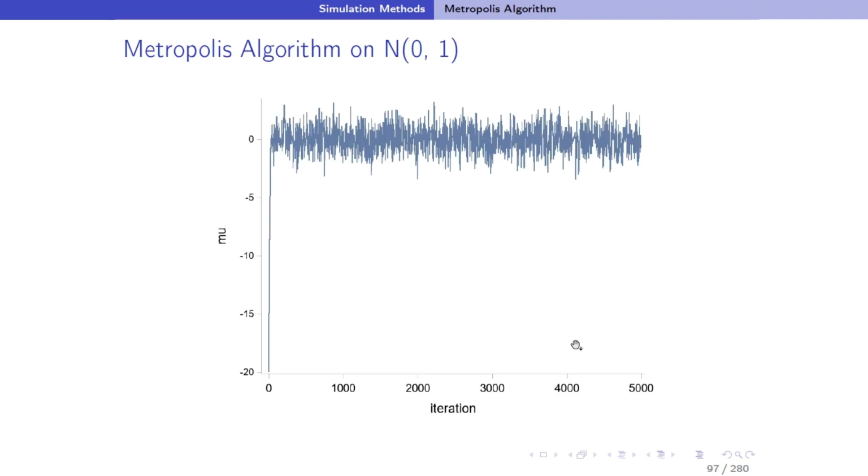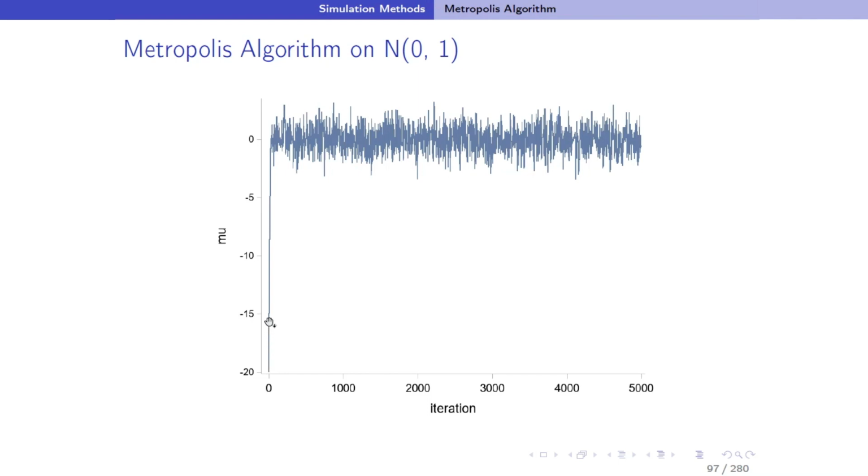So this is the trace plot of a random walk Metropolis to sample from a normal distribution. Let's say that I started very far from normal 0, 1, from -20.